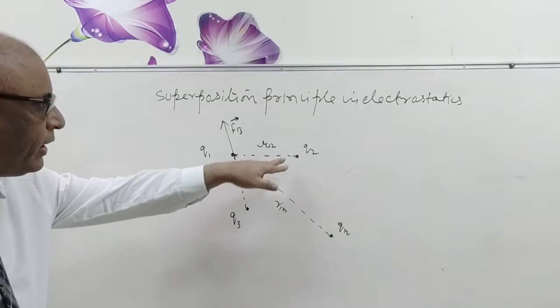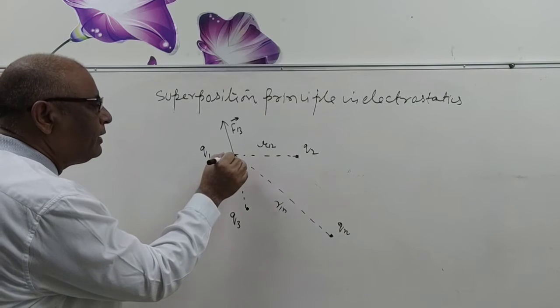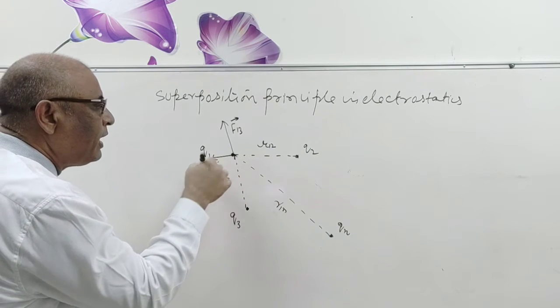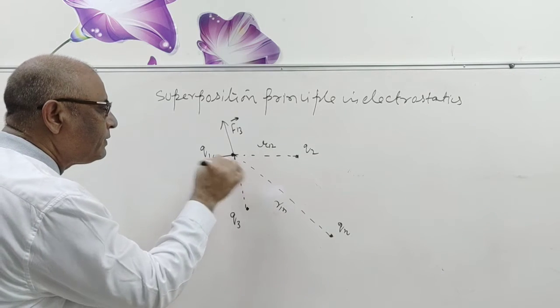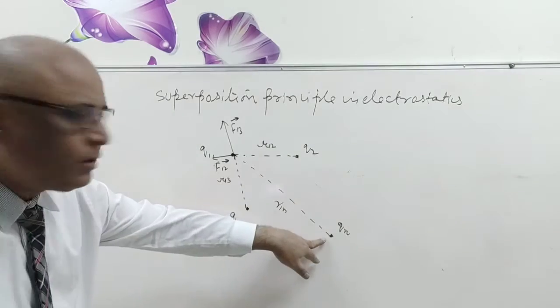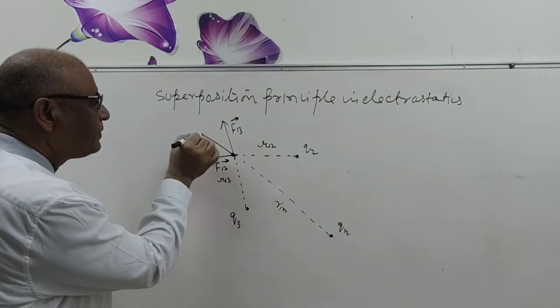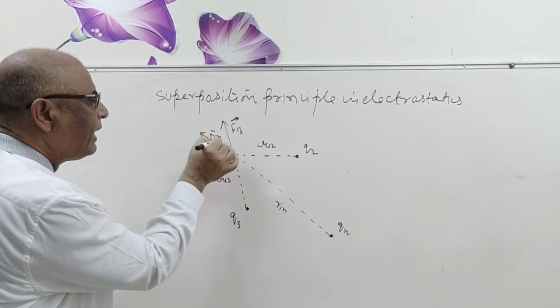In the same way, Q2 repels Q1, and this force is the vector F12, and charge Qn again repels Q1, and this force is the vector F1n.